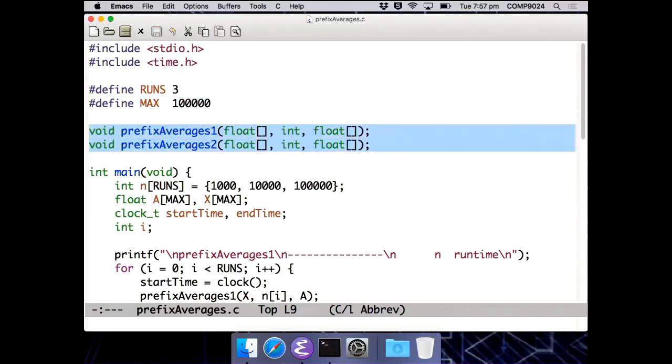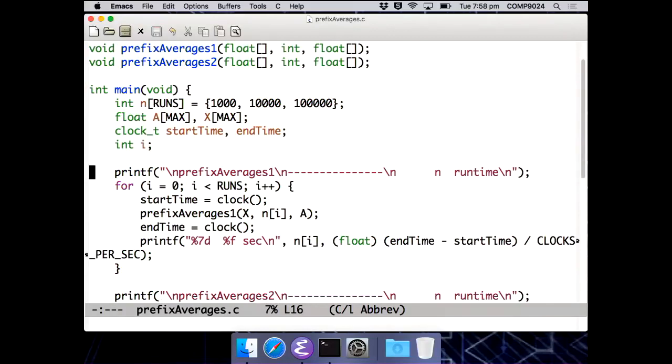Then I'm declaring the prototype of these two functions, prefix averages 1 and prefix averages 2, which are defined after the main program. And then I'm running the first algorithm first.